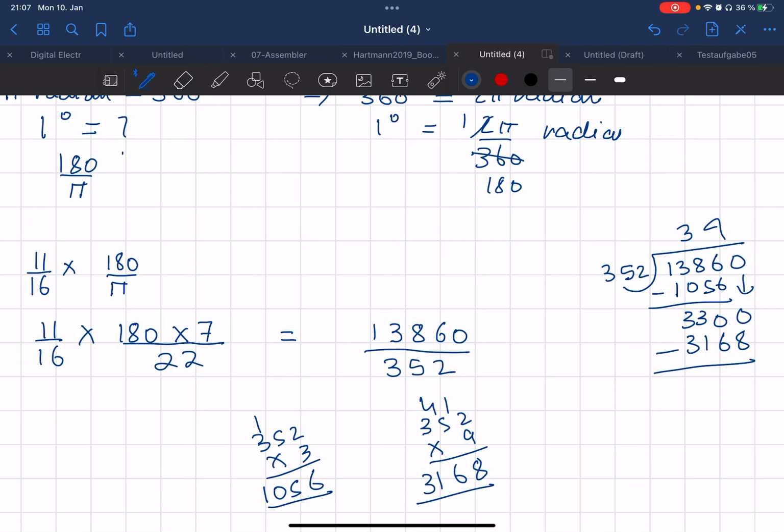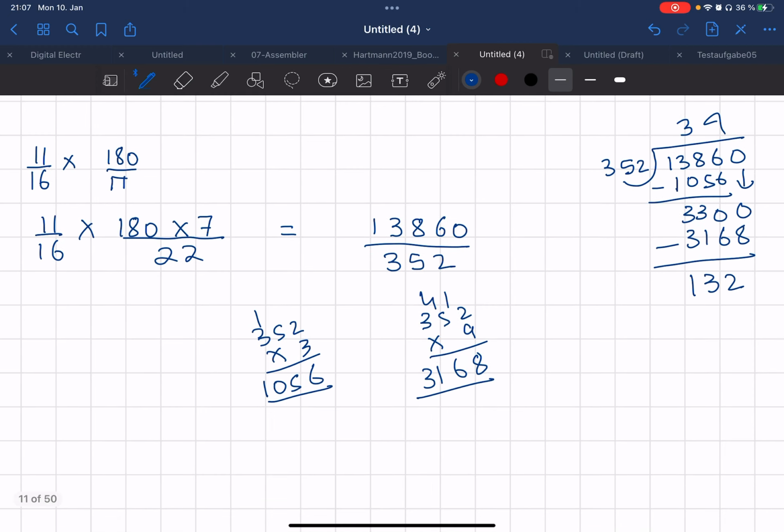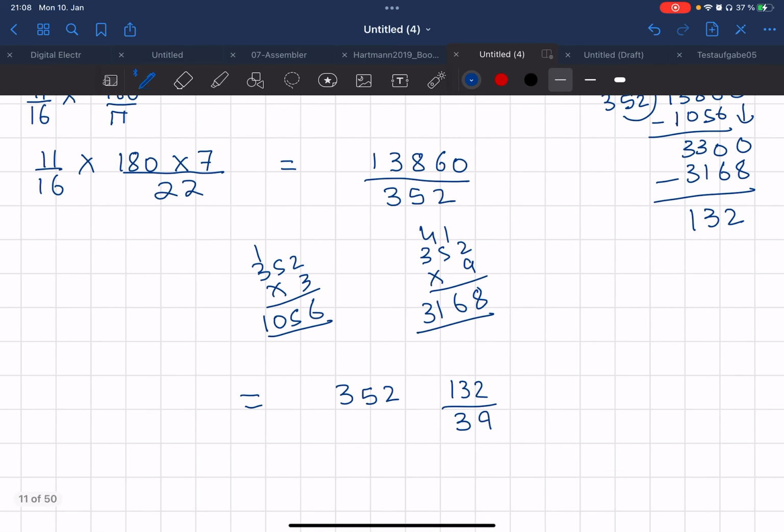I'll subtract it again in my calculator because that is a bit easier for me. 132. So what we get is 39, remainder 132 upon 352.